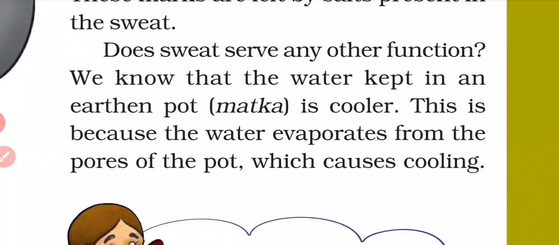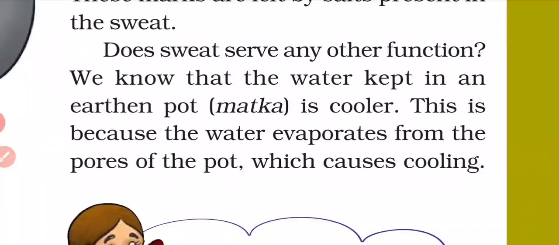What is the importance of sweating in our body? We all know the matka, or earthen pot. It has a cooling effect because the water coming out of the small pores of the matka evaporates, and due to that the pot becomes cool.